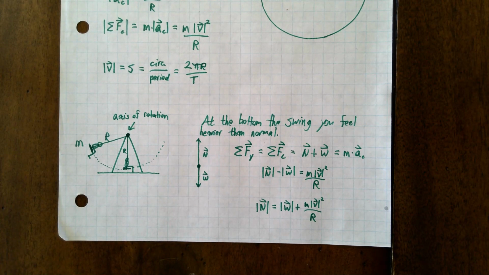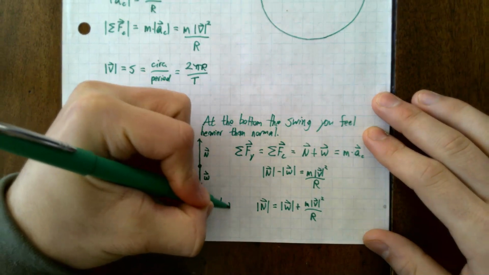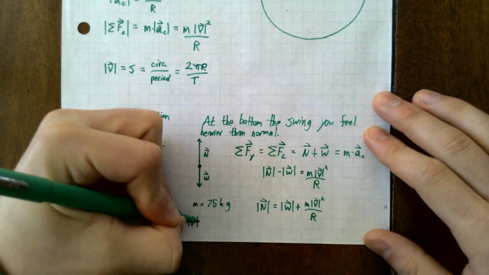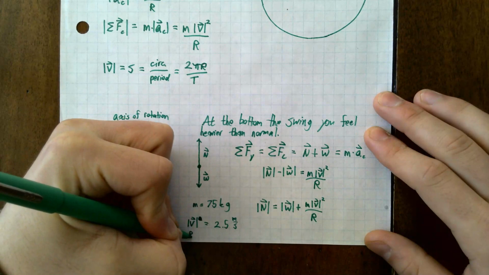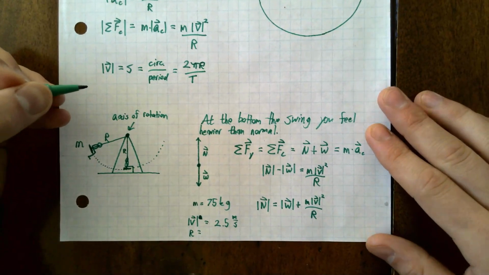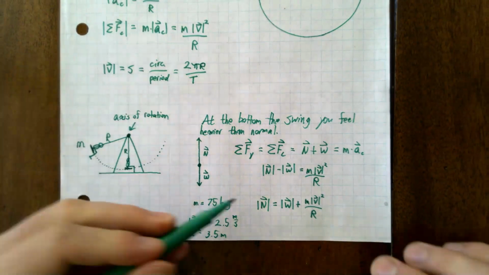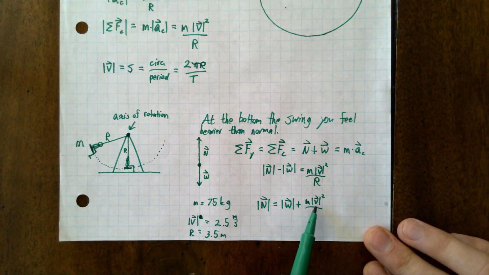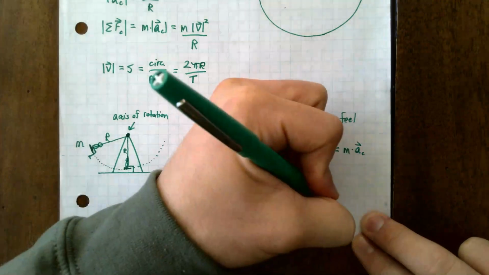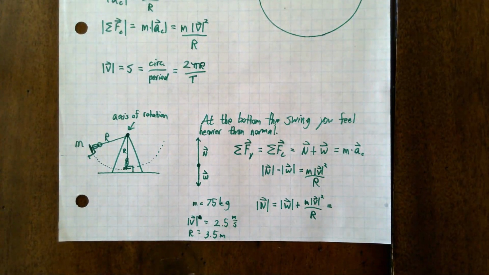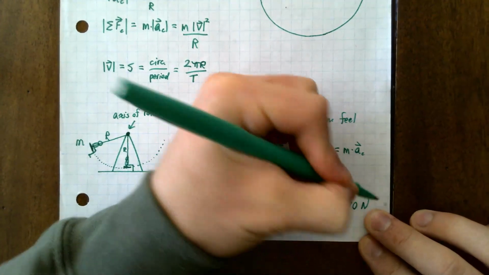So we could find that ultimately, given a mass of 75 kilograms, given a speed at the bottom of the swing equal to about 2.5 meters per second, and then a reasonable radius of 3.5 meters, we find, if we do the math, mg plus m times speed squared divided by our radius of 3.5, that Alec's normal force, his apparent weight, was 870 newtons.